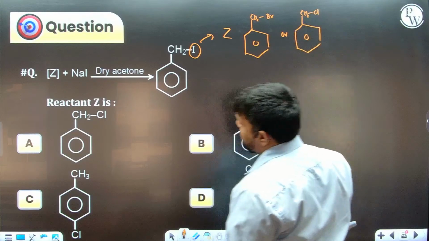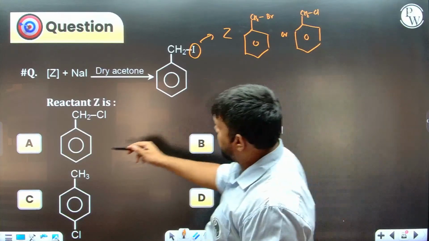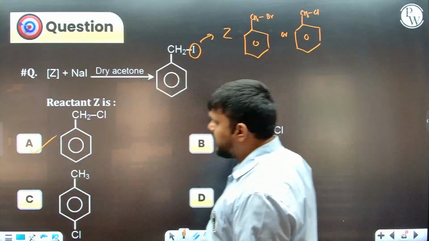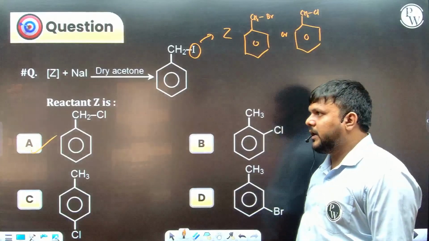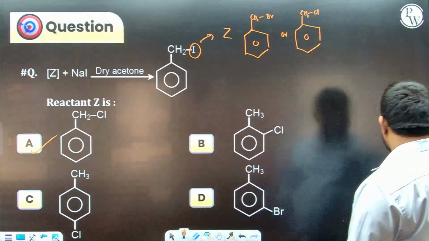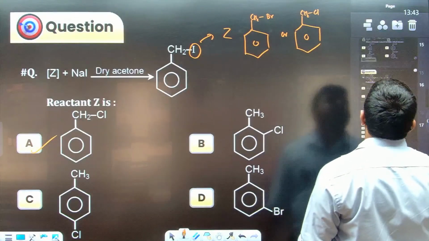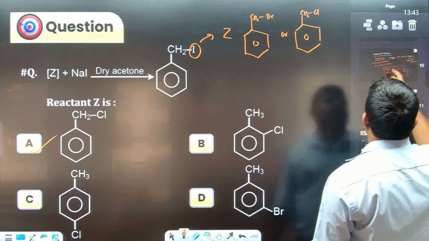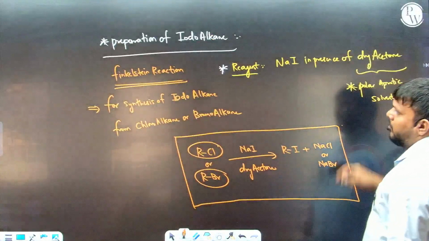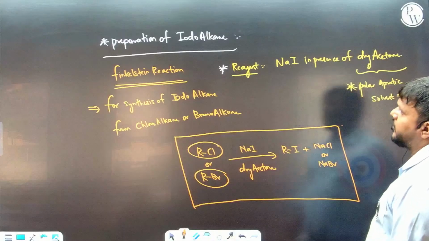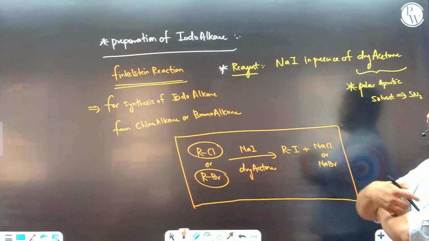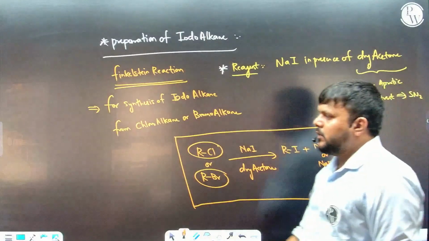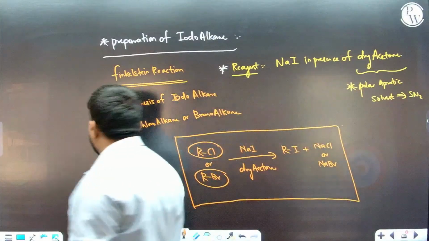So this is the answer. As I can see, they have given us chloroalkane. So A option will be the answer. So this was all about the preparation of iodoalkane from chloroalkane or bromoalkane, which is our Finkelstein reaction.